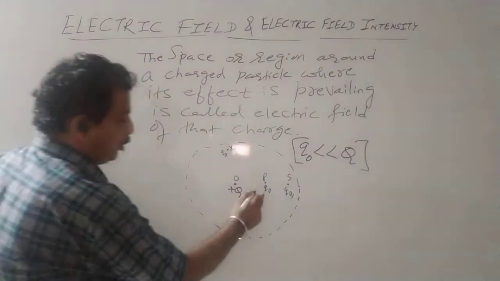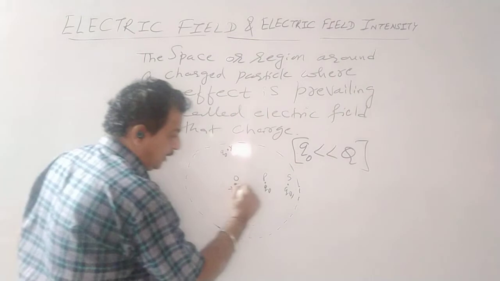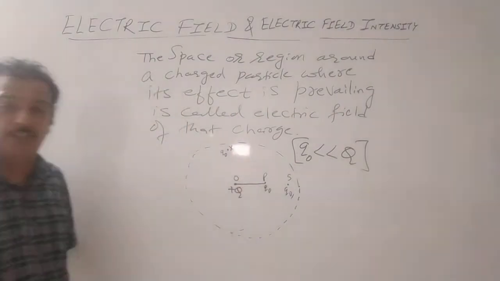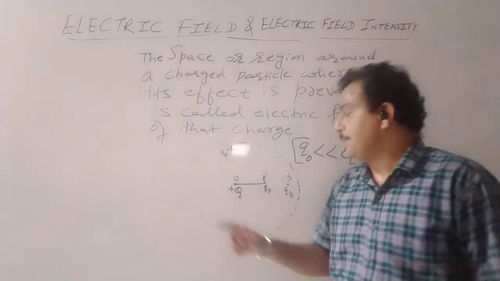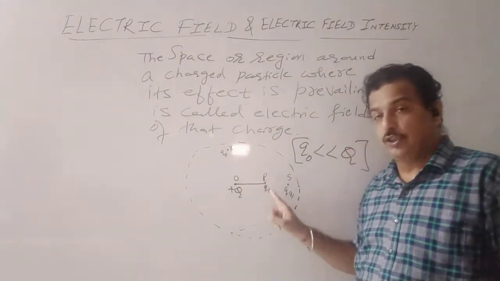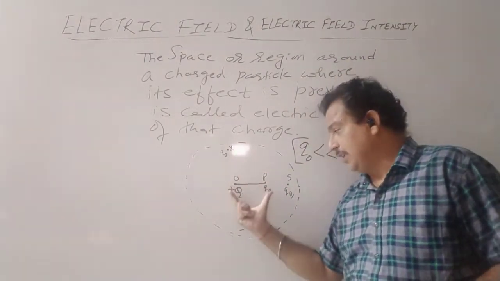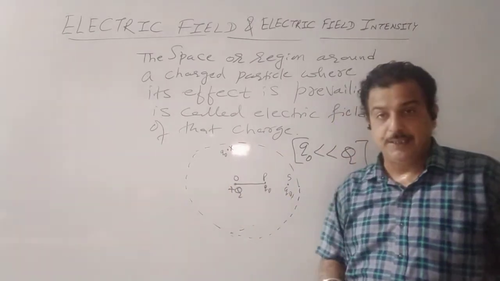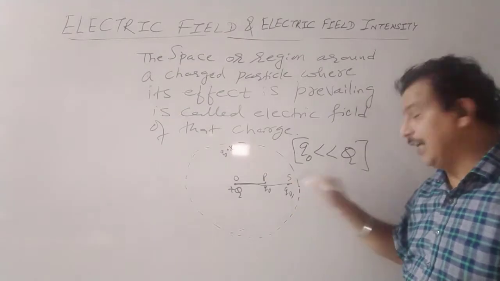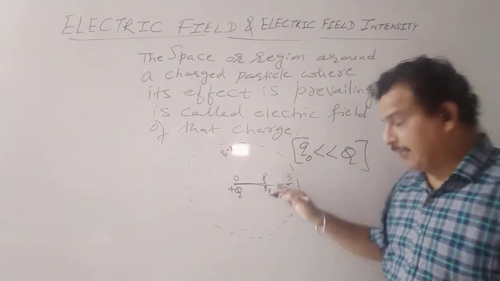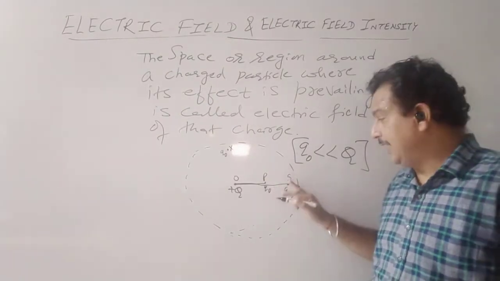So if I keep Q0 at different points, I will measure the force of interaction simply by using Coulomb's law, which can be K Q Q0 upon distance between these two charges, that is OP. Now for S, the distance will change, R will change, so the interaction will change.